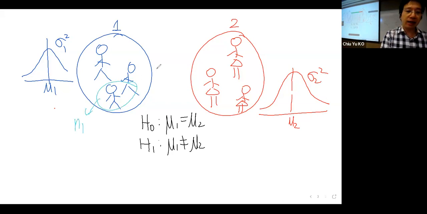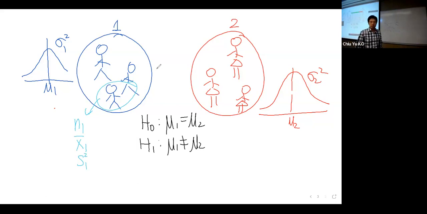And what's the average of them is called X1 bar. And we can also calculate the sample variance. Is that clear what we're doing? We are not able to talk to every boy. We talk to N1 of those boys, calculate their mean, and calculate the sample variance. And do the same for girls.